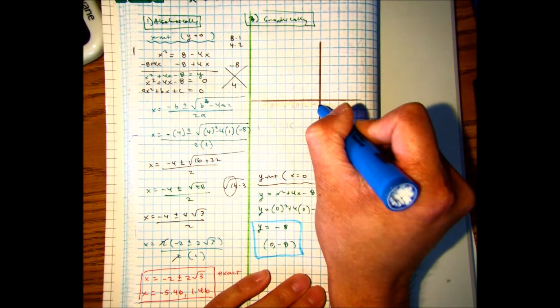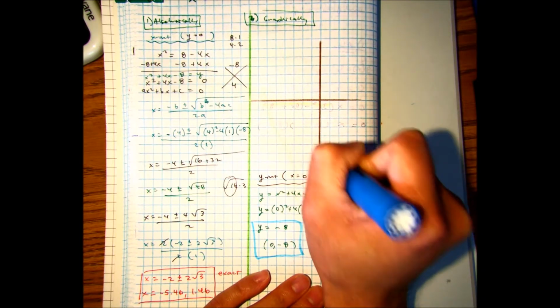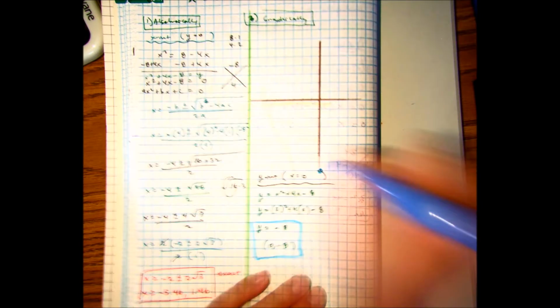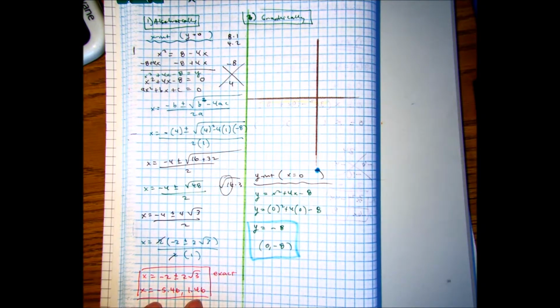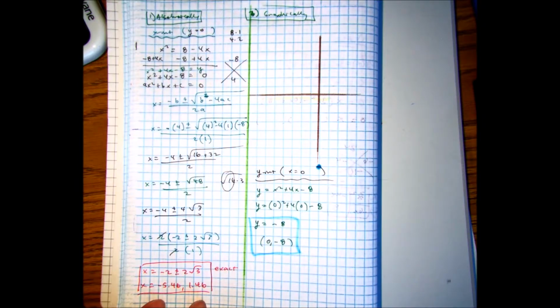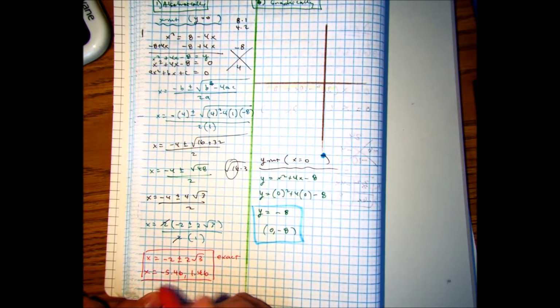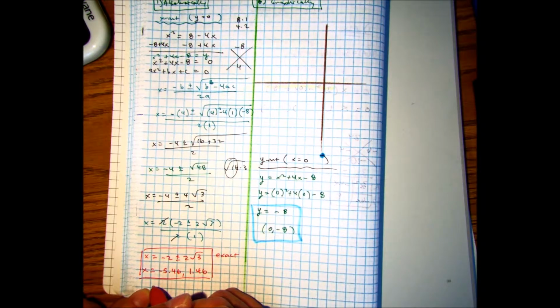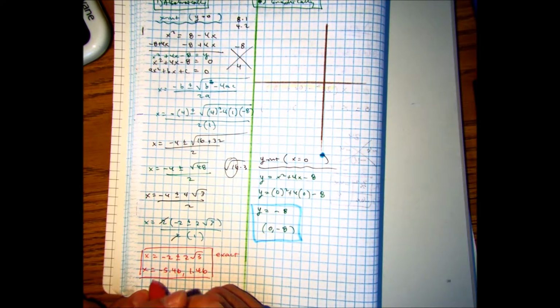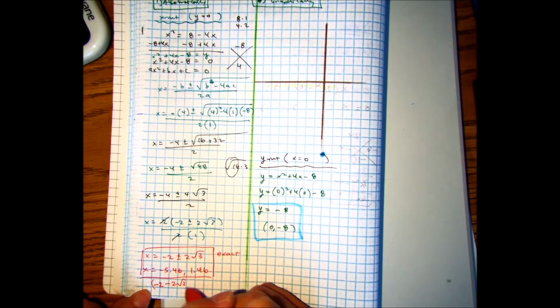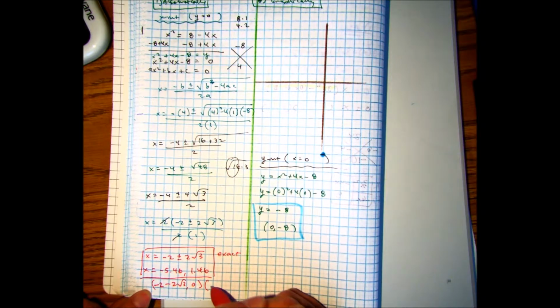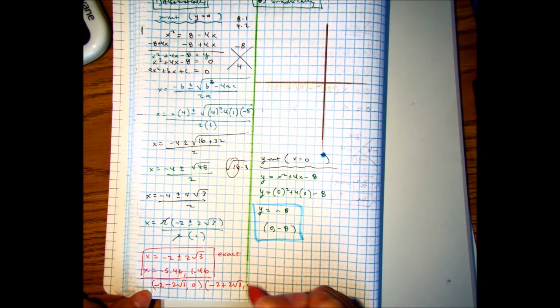Here's my y-axis. 1, 2, 3, 4, 5, 6, 7, 8. Remember, these are ordered pairs, so your y variable is equal to 0. Let's do this one. Negative 2 minus 2 radical 3, comma, 0, and negative 2 plus 2 radical 3, comma, 0.